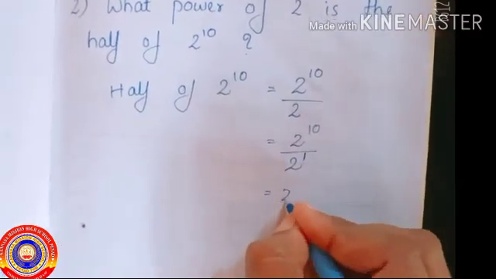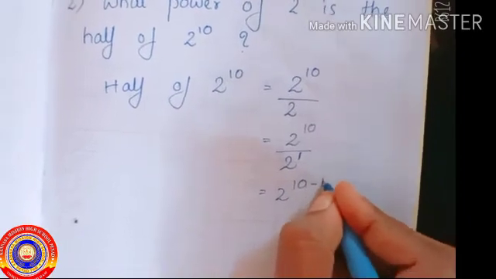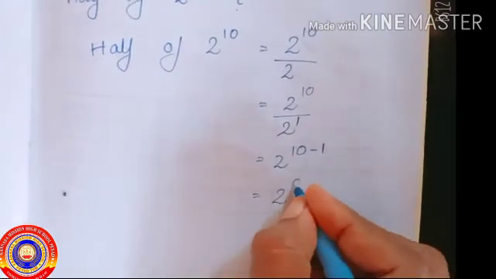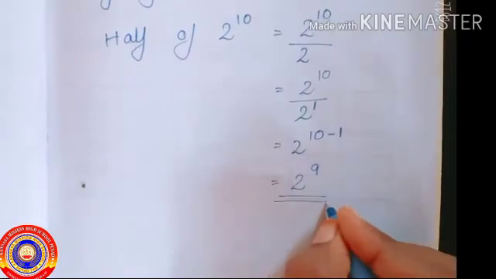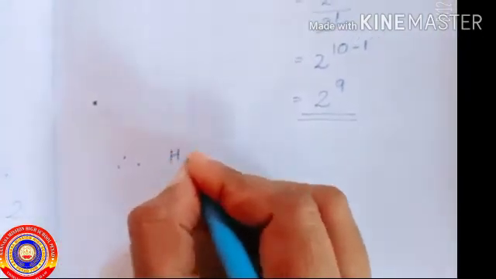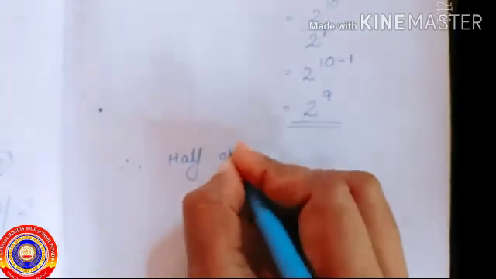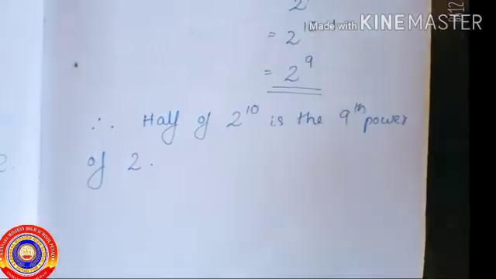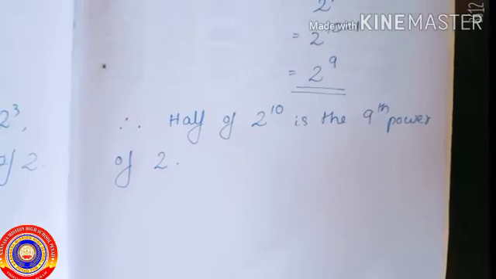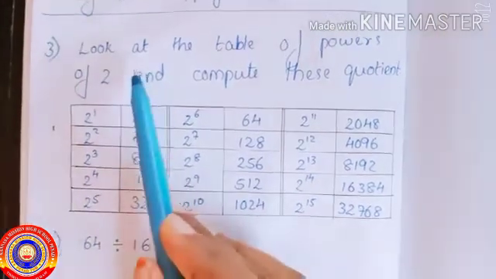So that is 2 raised to 10 minus 1, which is equal to 2 raised to 9. Therefore, half of 2 raised to 10 is the 9th power of 2.